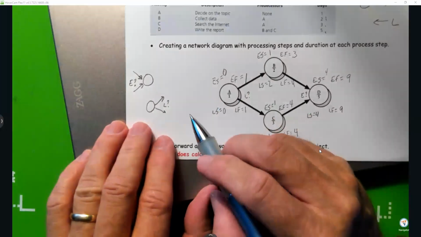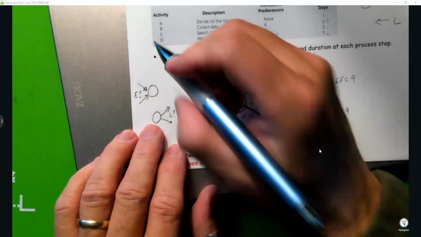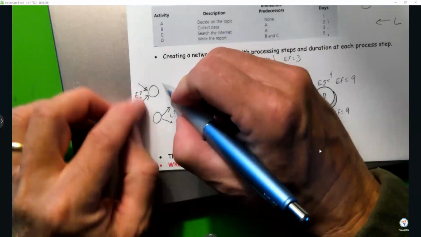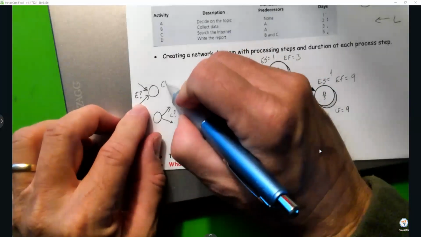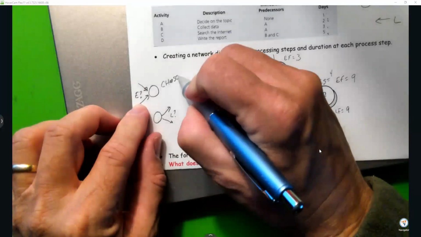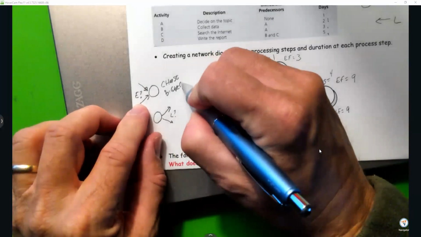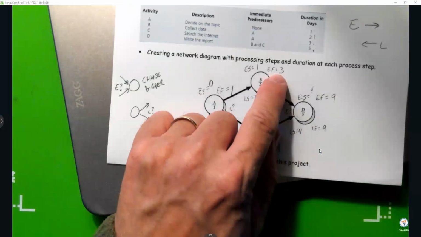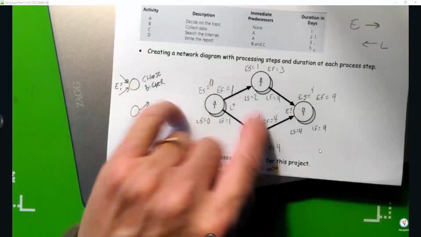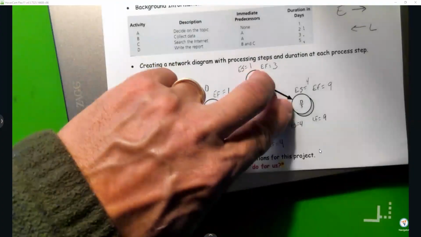Now, here is the other useful piece of information: when you have to decide between the two, you choose the bigger one. Just like here, remember doing the E's, this EF is 3, this EF is 4, you choose the bigger one, okay?